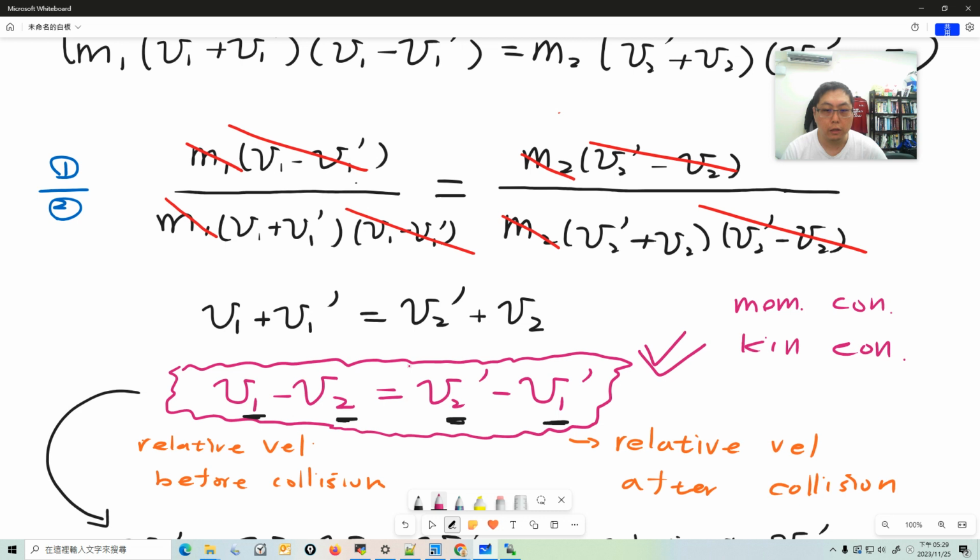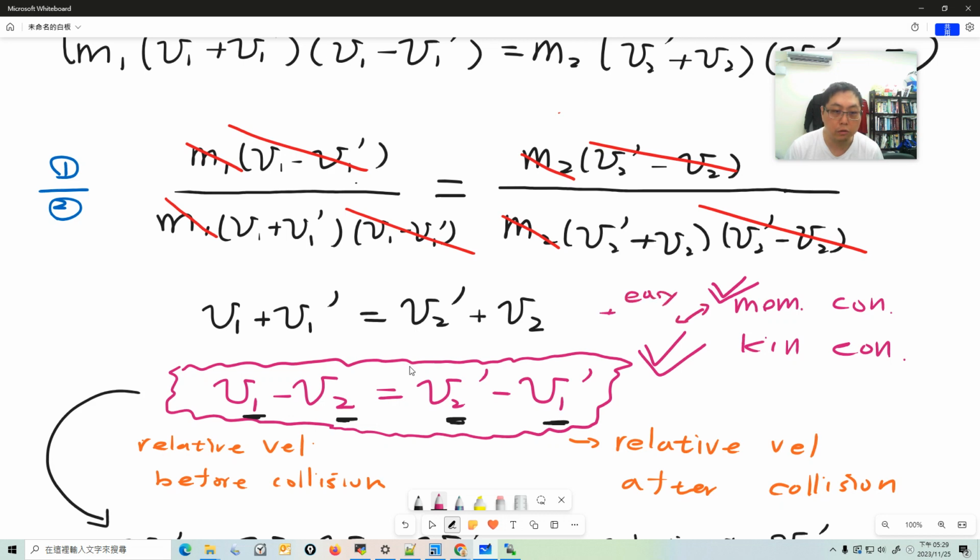For any collision problem, momentum conservation must be used. You can combine it with kinetic energy conservation to solve the problem, and you also can combine it with the feature equation of 1D collision. And these two are much easier to use.